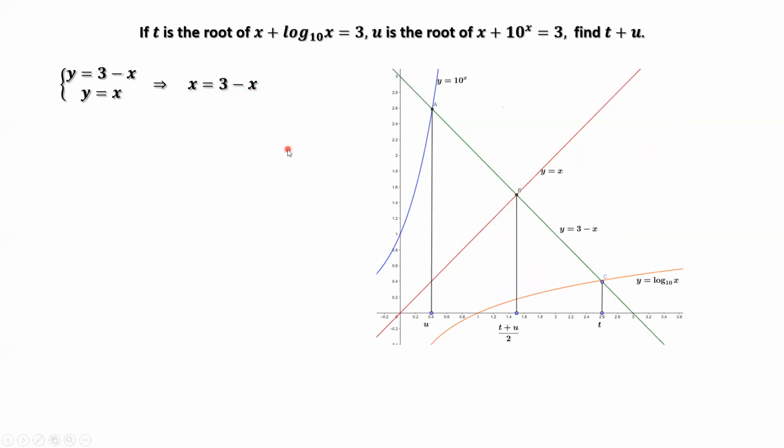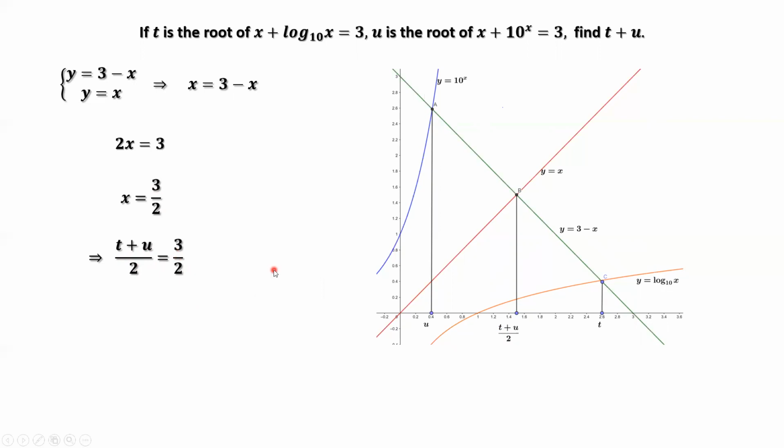This implies 2x equals 3. X equals 3/2. What is x? X is this value. T plus u divided by 2 equals x, equals 3/2.